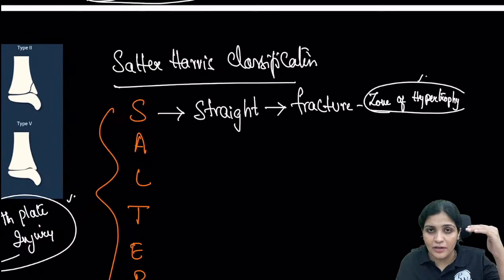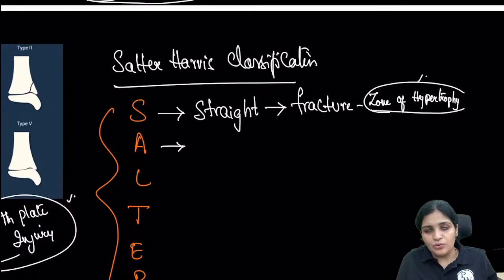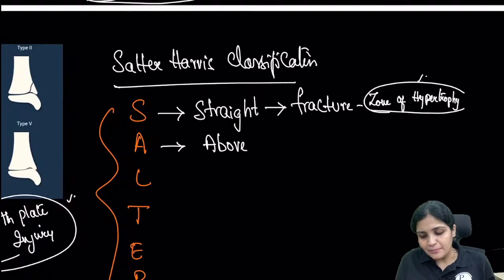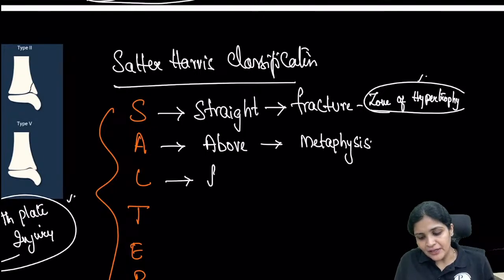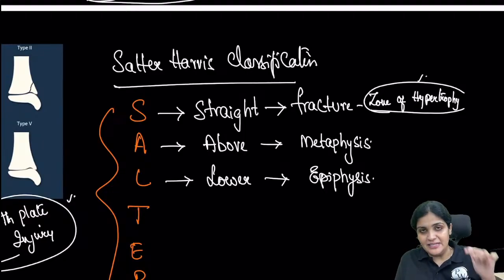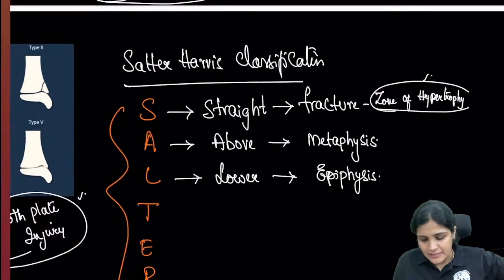That means it does not involve the metaphysis or the epiphysis. Through the physis, right? And when it comes to type 2, it is above, A for above. That means it is involving the metaphysis as well. Okay. And what is type 3? It is lower, L for lower. That means it is involving the epiphysis. So physis, lower is epiphysis, above it is metaphysis.